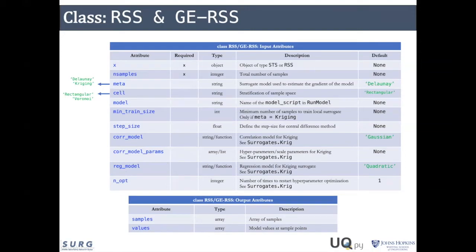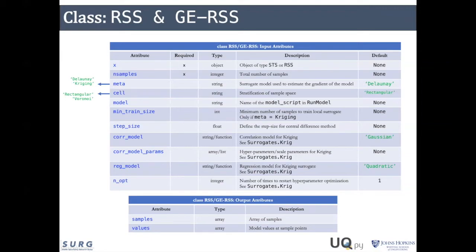Meta is the method we are going to use to generate a surrogate and find the gradient. And cell is basically a string which could be rectangular or Voronoi. If we do rectangular stratification, the string should be rectangular, and Voronoi cells are something we are still working on, and it will be there in the next version.